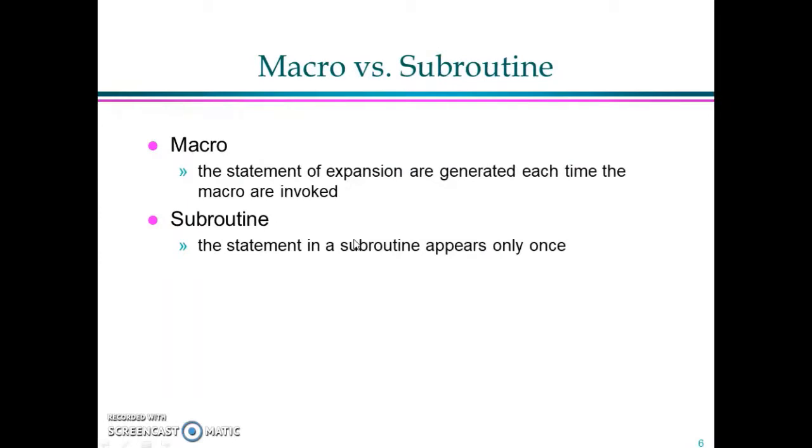So the macro expansion statements are generated each time the macro is invoked, whereas in a subroutine, the statements appear only once. That is the main difference between a macro and a subroutine.